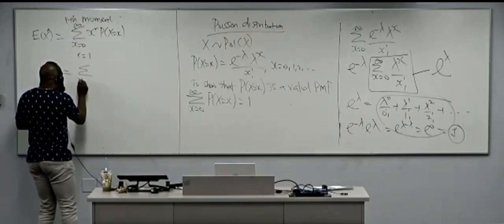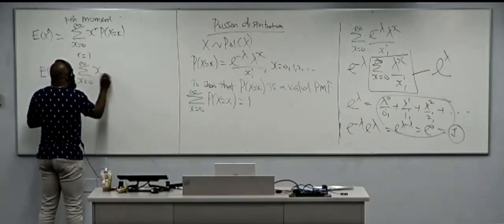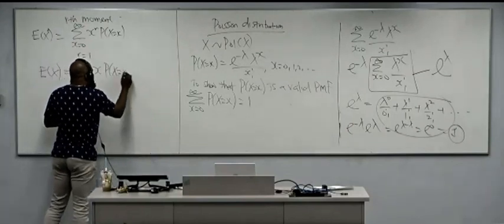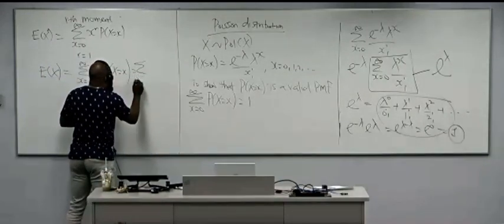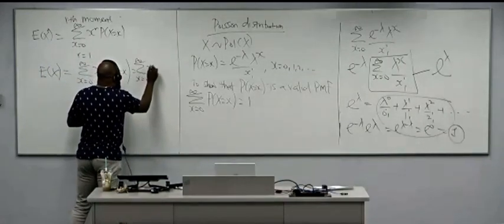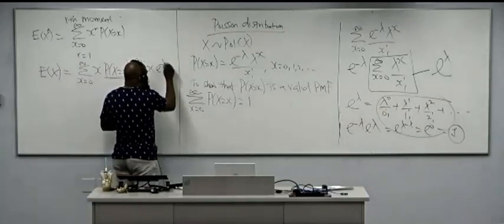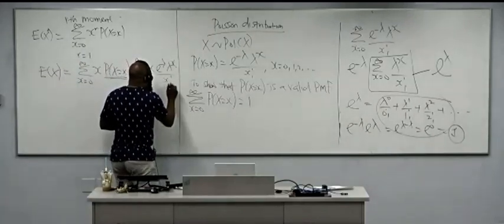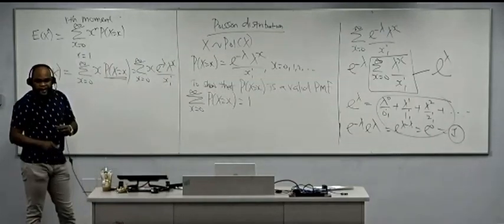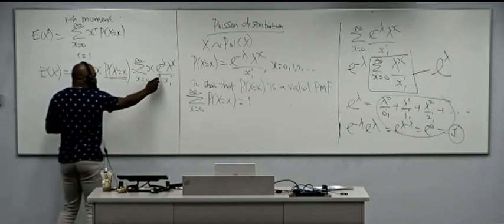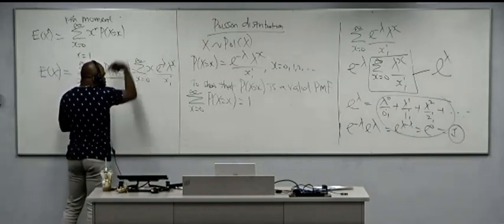So when r equals 1, it means the expectation of x, which is going to be the sum from 0 to infinity of x times the probability of this. What is the probability? That is the Poisson, exponential raised to power this. Look at that. Okay, this is a constant, it's going to go out.